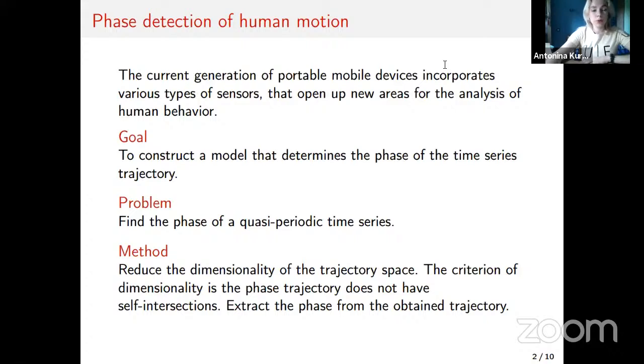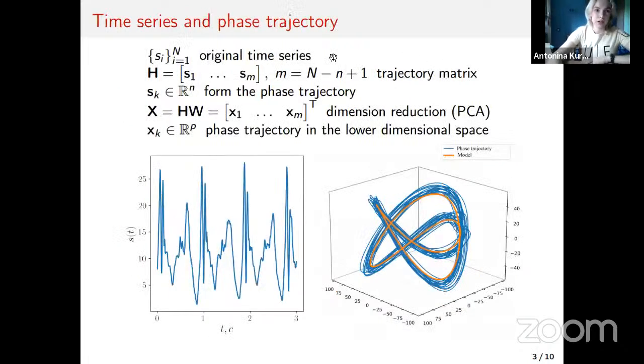To solve the problem, we reduce the dimensionality of the trajectory space. The criterion of dimensionality is that the phase trajectory does not have self-intersections. Then we form the phase trajectory approximation, and the phase is reconstructed from the obtained trajectory. Let s_i, where i is from 1 to n, be the given original time series.